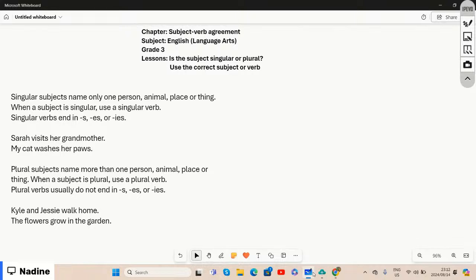And then we also have plural subjects. And plural names more than one person, more than one animal, more than one place, or more than one thing. And when a subject is plural, then we need to use a plural verb.